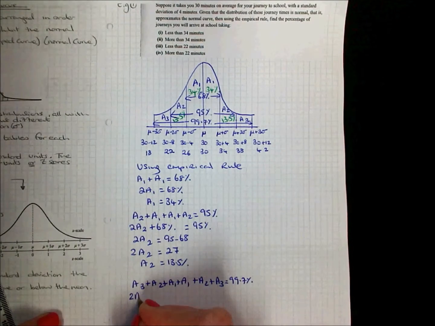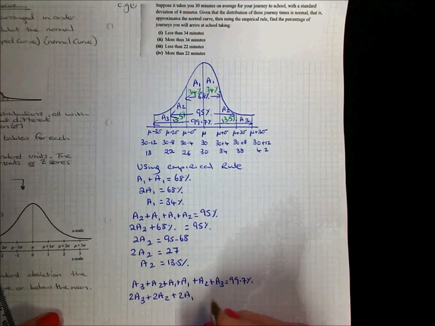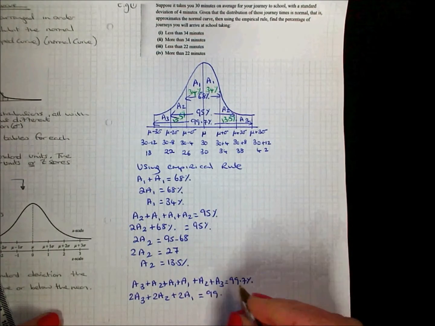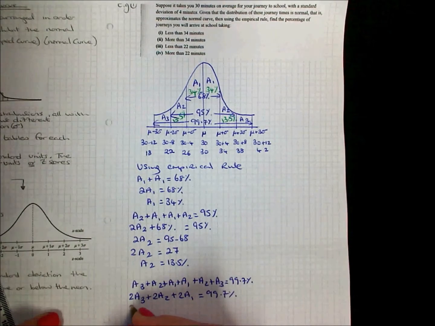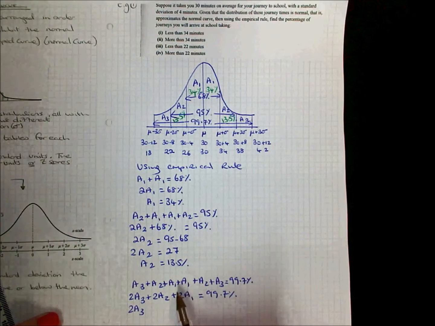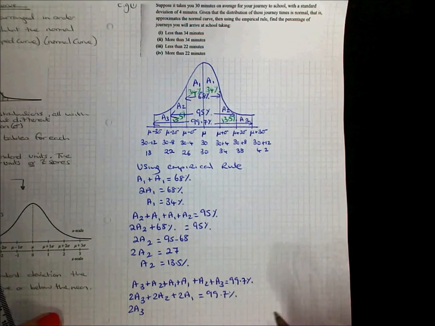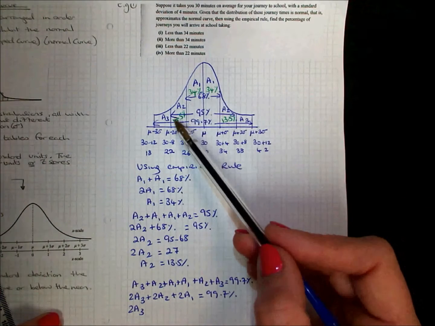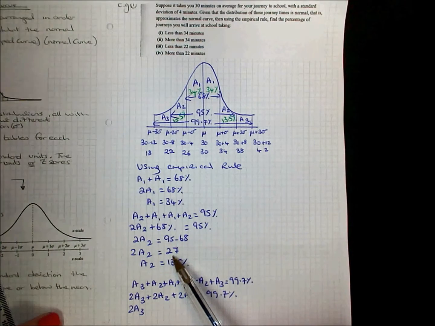So I have 2 area 3 plus 2 area 2 plus 2 area 1 is equal to 99.7%.